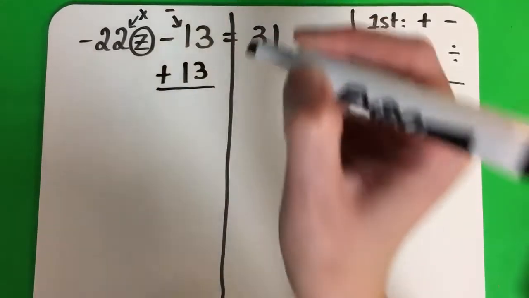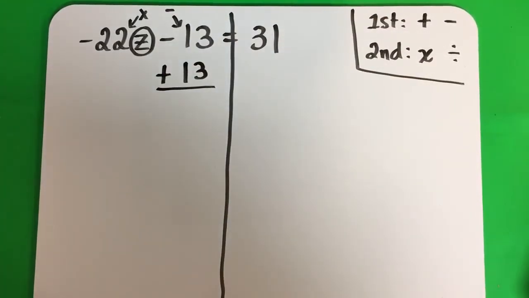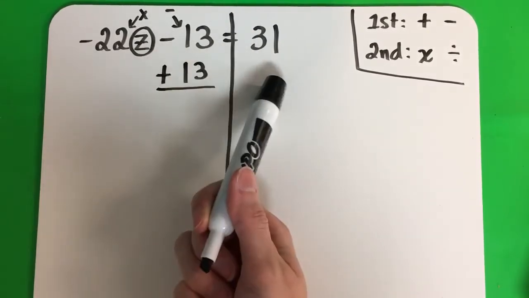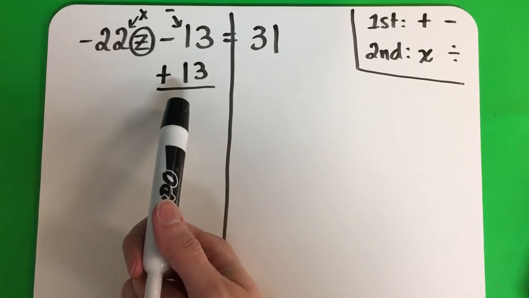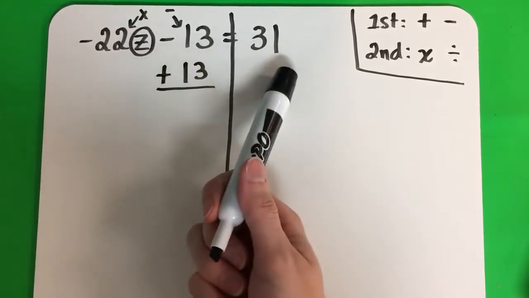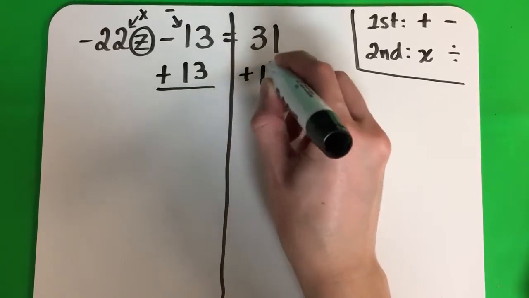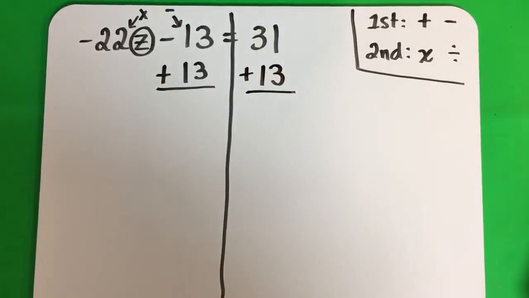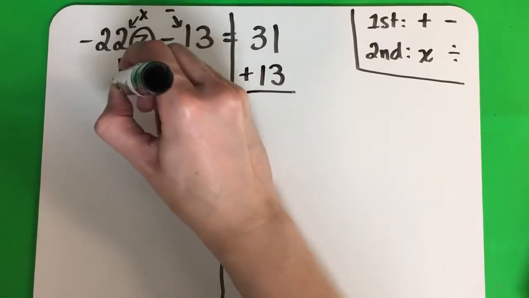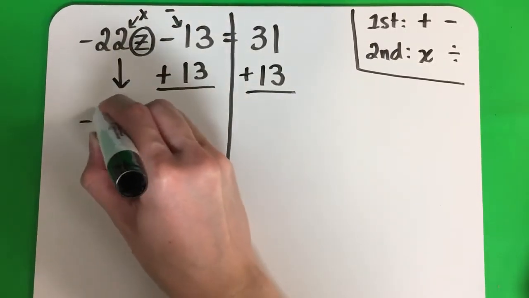When you do an opposite, you need to copy it to the other side. Cuando hagas un contrario, necesitas copiar al otro lado. So, plus 13. Here, there's nothing, so copy down.